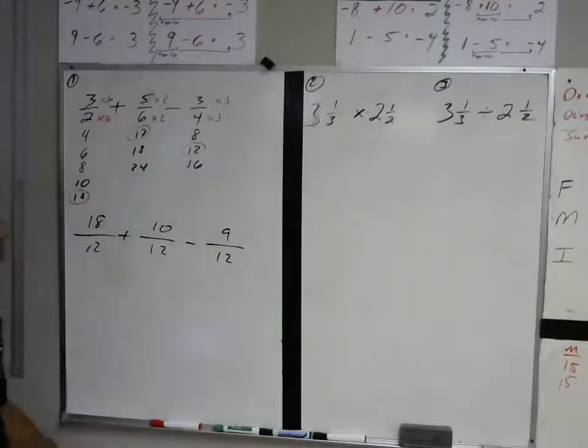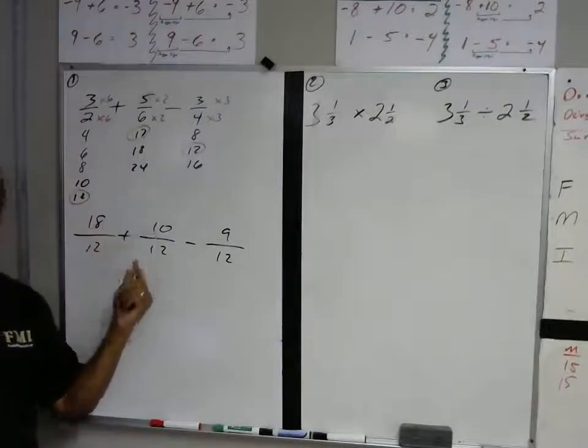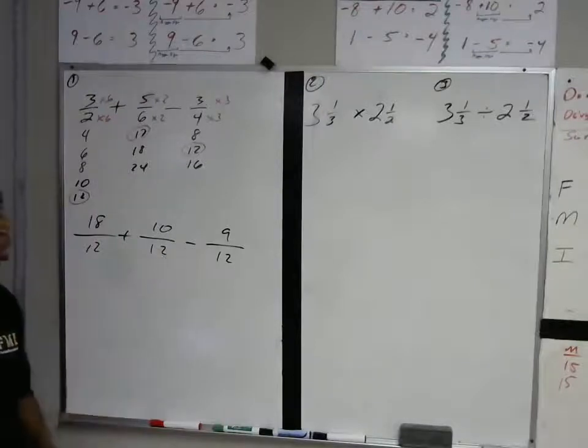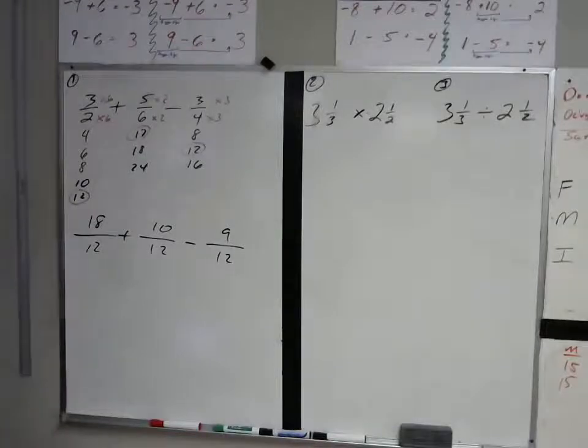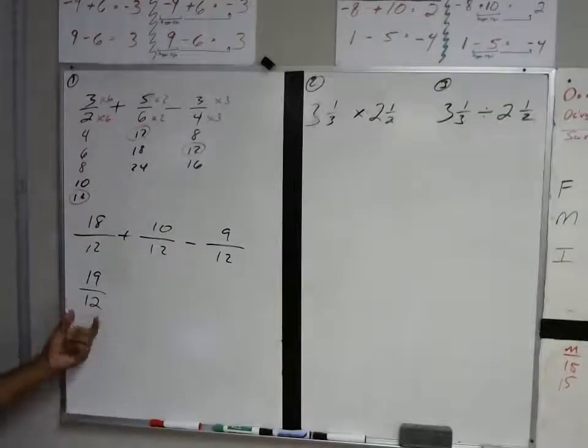Okay. Now from here, I'm going to add 18 and 10. That's going to give me 28. And then I'm going to subtract 9. That should give me 19, I believe. Yeah, 19. 19 over 12. And we're finished.